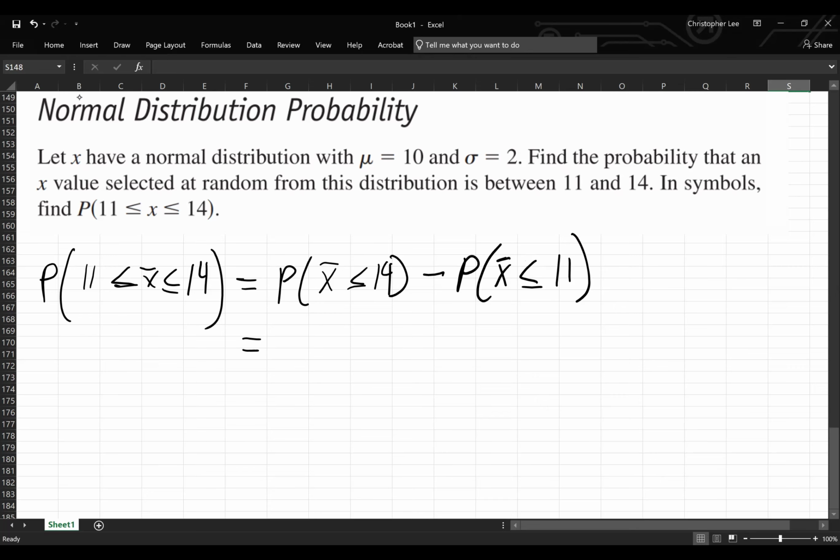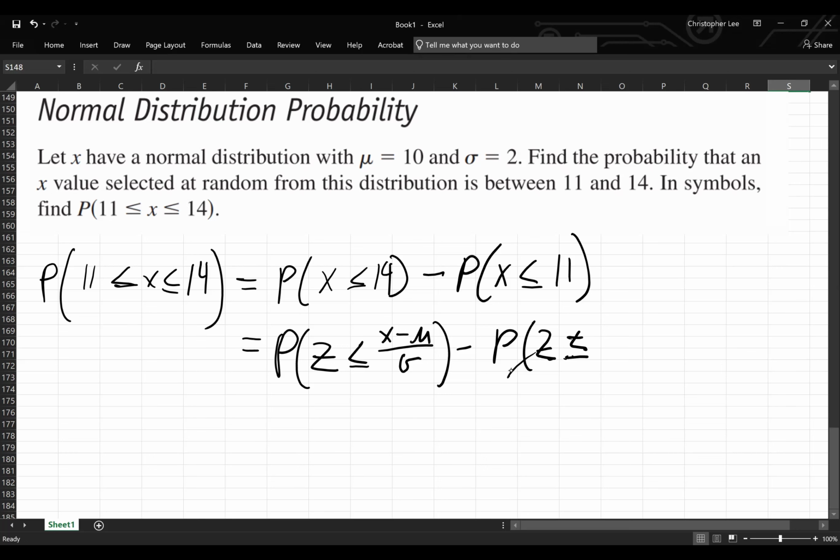Now we have to convert this. This becomes the probability of Z less than, plug in the numbers.